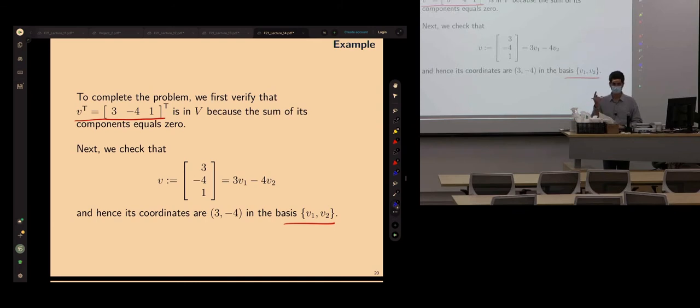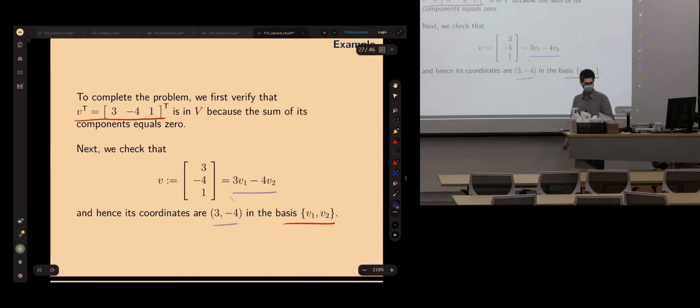And we know that we can do that because their linear combination spans the entire subspace. You can show that 3 times V1 minus 4 times V2 will give you V. So the coordinates are 3 and minus 4.